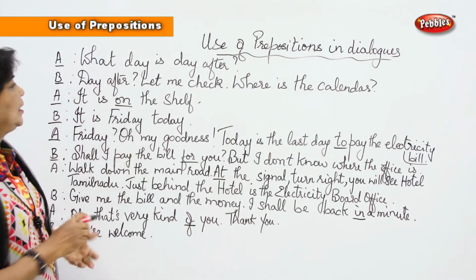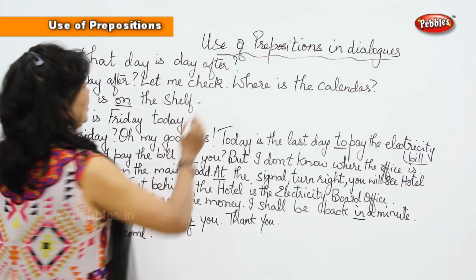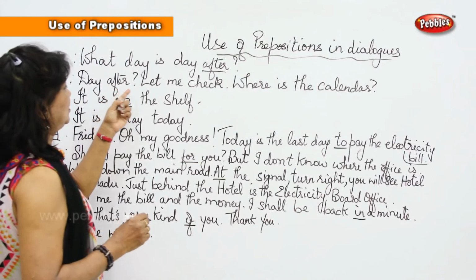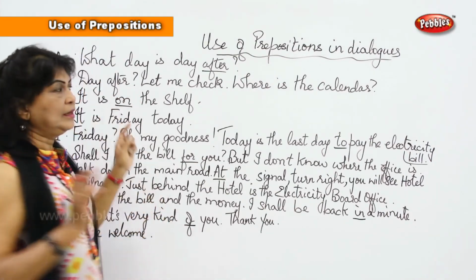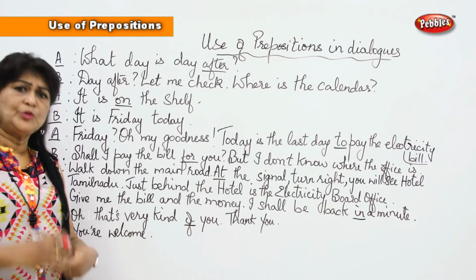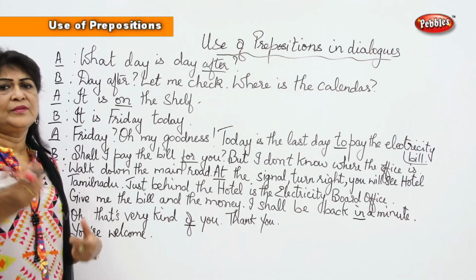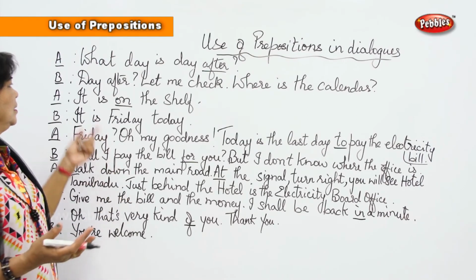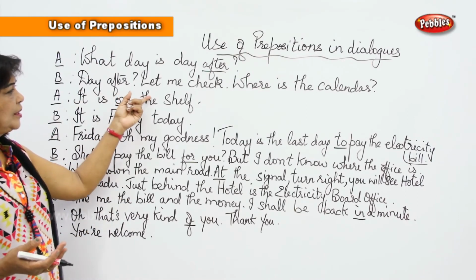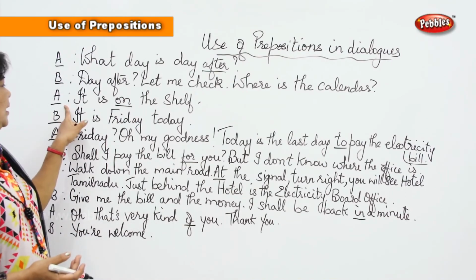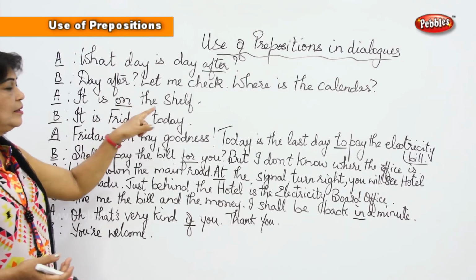What is day after? After is a preposition. He said, what is day after? That is tomorrow. Let me check, where is the calendar? B is asking, and A says it is on the shelf.